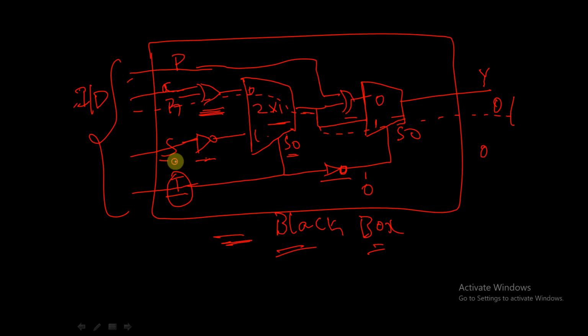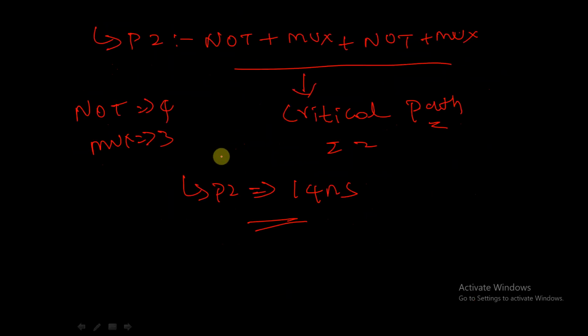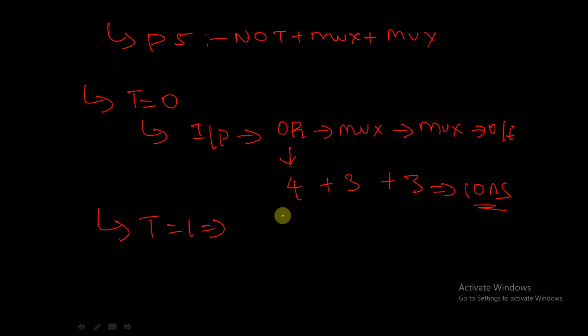So from S to NOT gate to multiplexer to OR gate to multiplexer to output. I hope the path is clear.